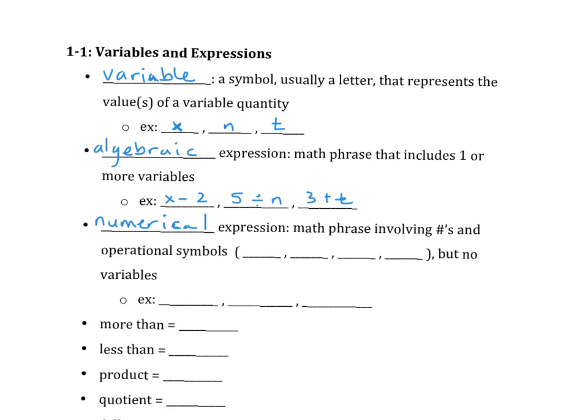What I mean by operational symbols is a plus sign, a minus sign, multiplication, or division. Those are the operational symbols. So the sky is the limit with these. A numerical expression could be 2 plus 7. Okay, we have numbers and we have some operation between them.